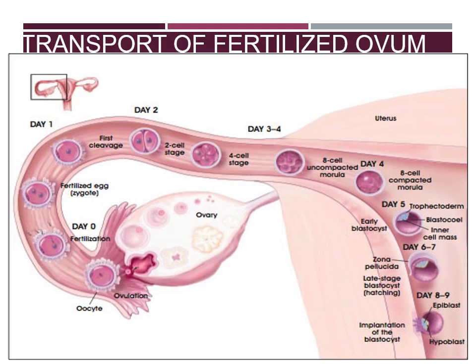About day 8 to 9, there will be an implantation of the fertilized ovum, which is now a blastocyst. We will look at these stages in more detail.